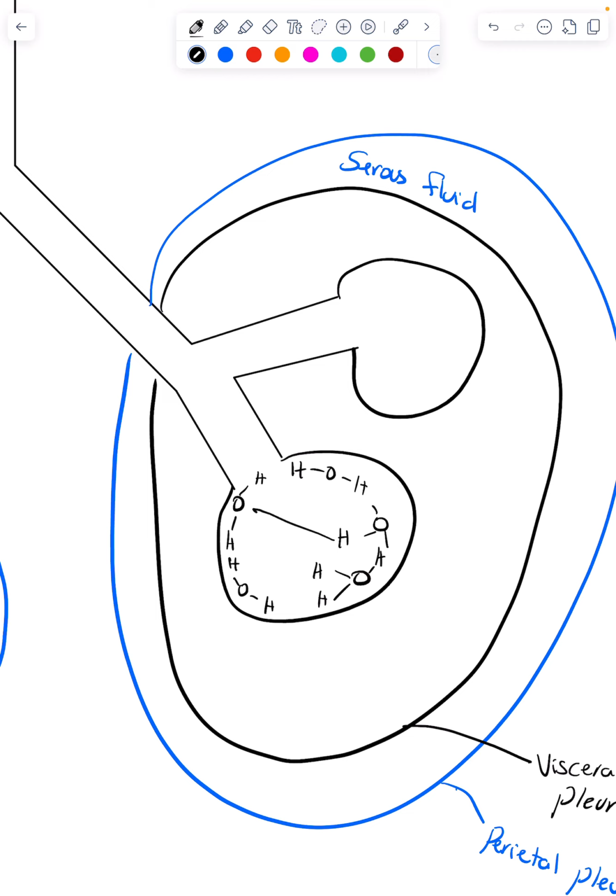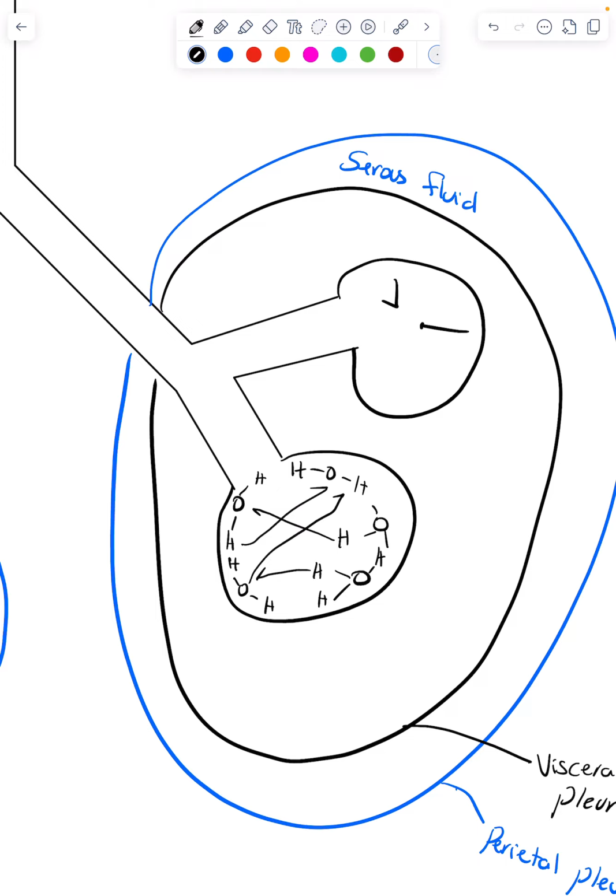So these hydrogens want to come over here to bond with that one. That one wants to come over here for that one, and we're going to start wanting to get close to each other, and this is going to cause a collapse.